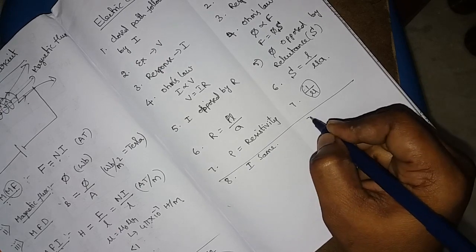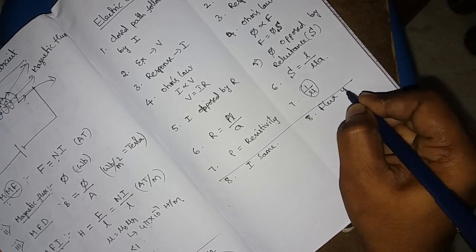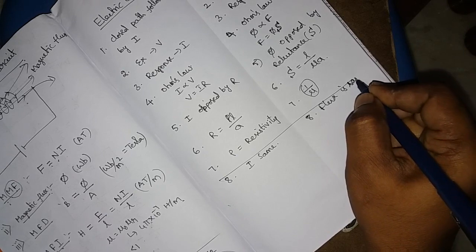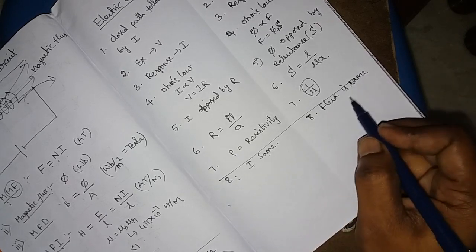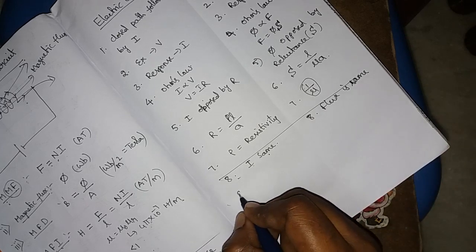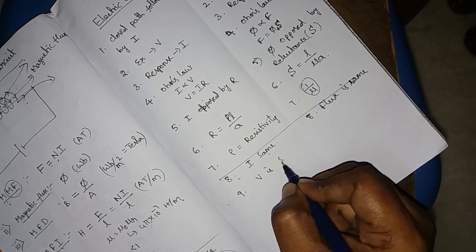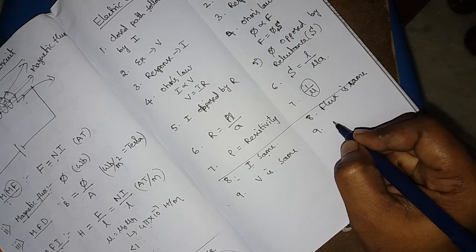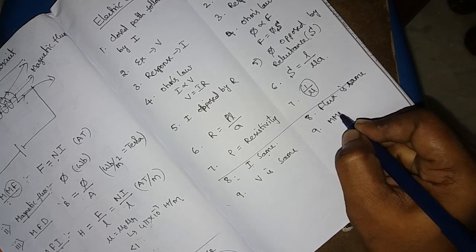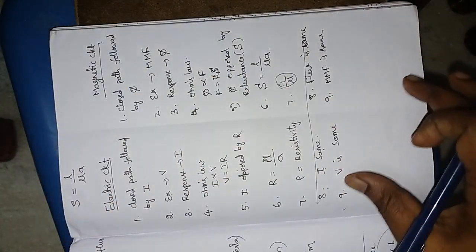In a series magnetic circuit the flux is the same. And in a parallel electric circuit the voltage is the same, and in a parallel magnetic circuit the MMF is the same.